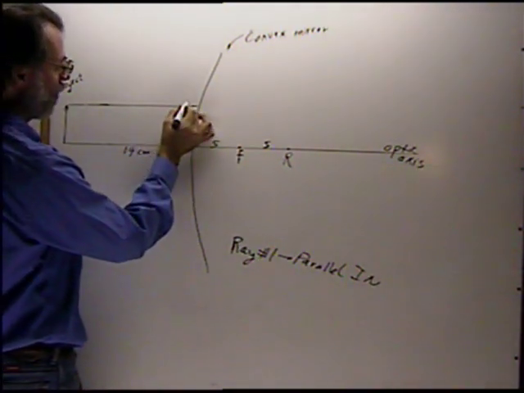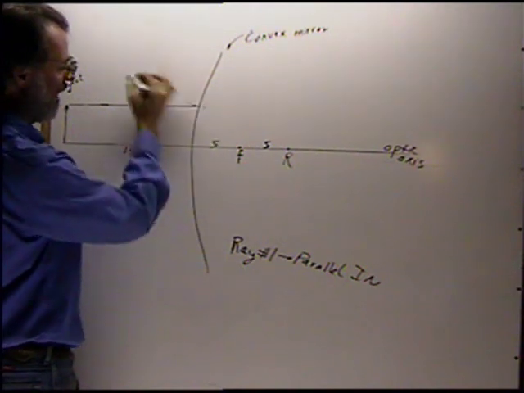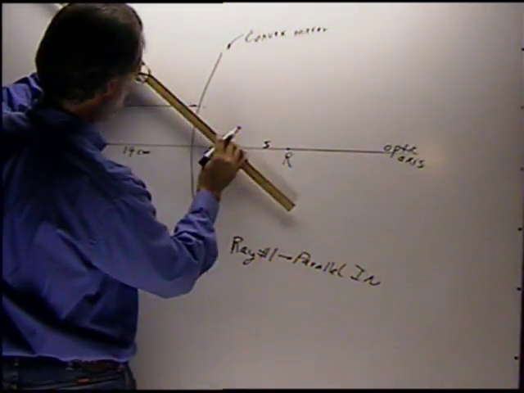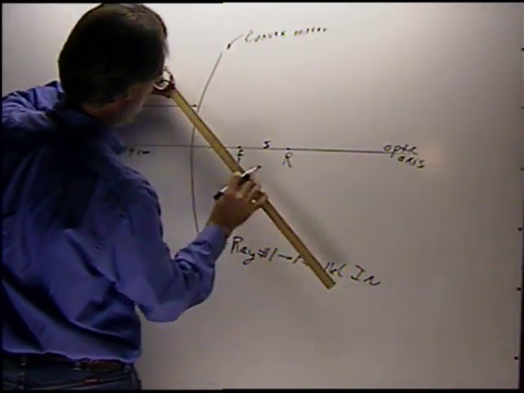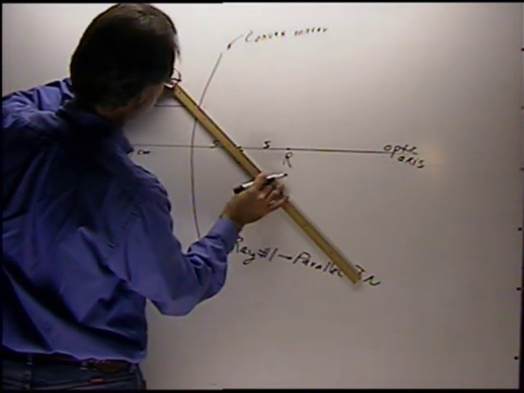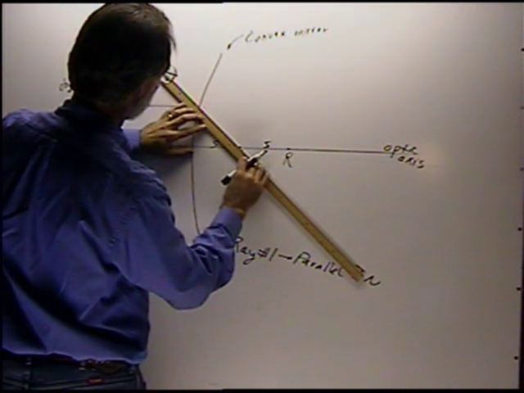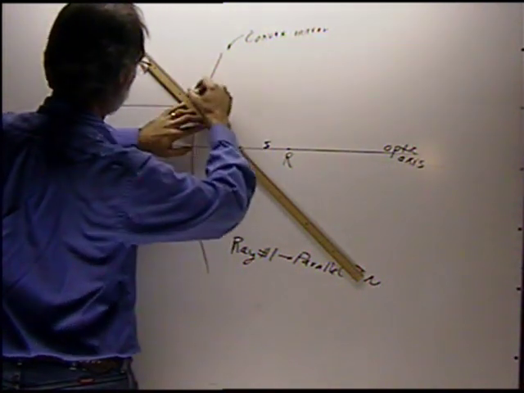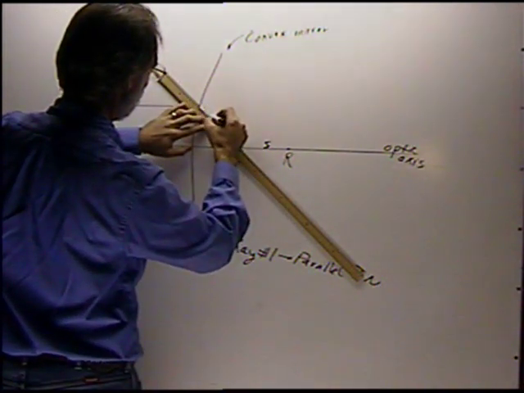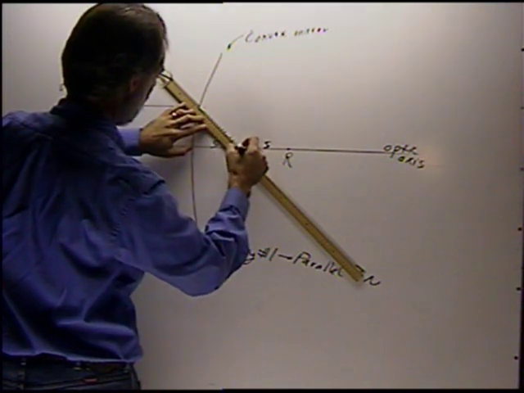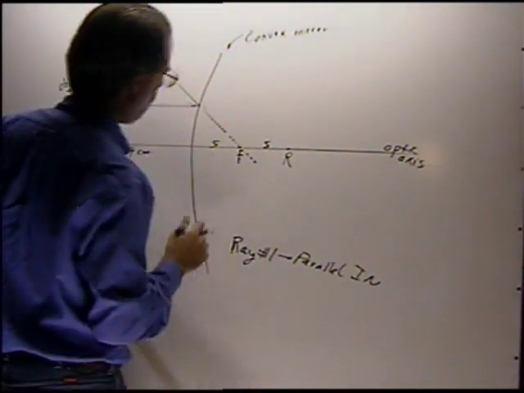If we draw the normal here, it's going to reflect back, but it's going to reflect back as if it came through the focal point.